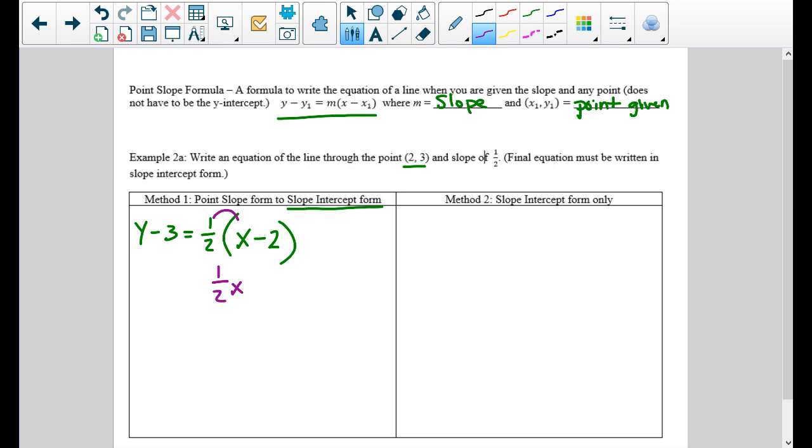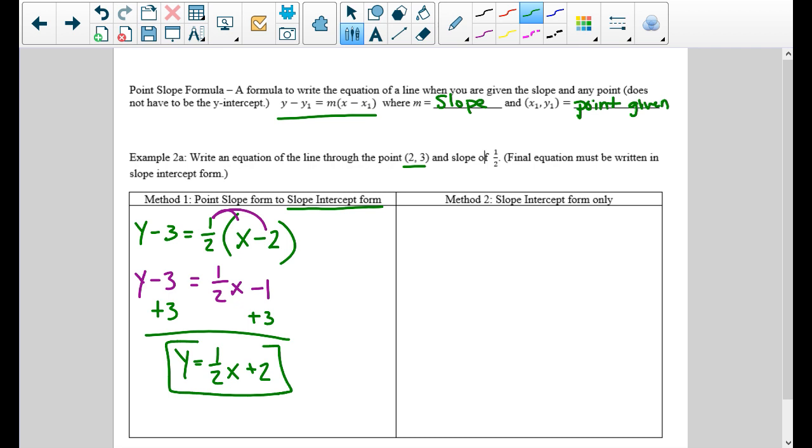So I have 1/2 x, half of -2 is -1. And then we need to solve for y, so we get y by itself. We're going to add 3 to both sides. So then y equals 1/2 x, -1 plus 3 is +2. So here's my equation, done in slope-intercept form, and I'm finished.